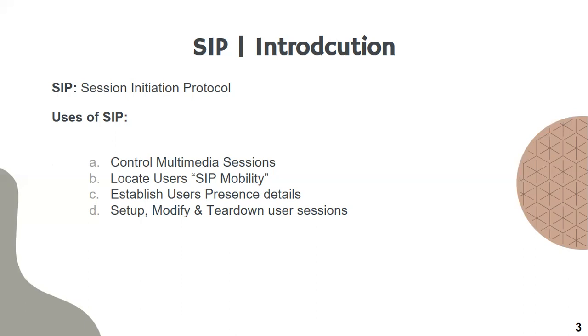And how will it store it? It will store it by sending a SIP message or SIP request to the HSS, and the HSS will respond with the profile of this subscriber. So here we also use SIP so we can establish the user presence details or user profile.